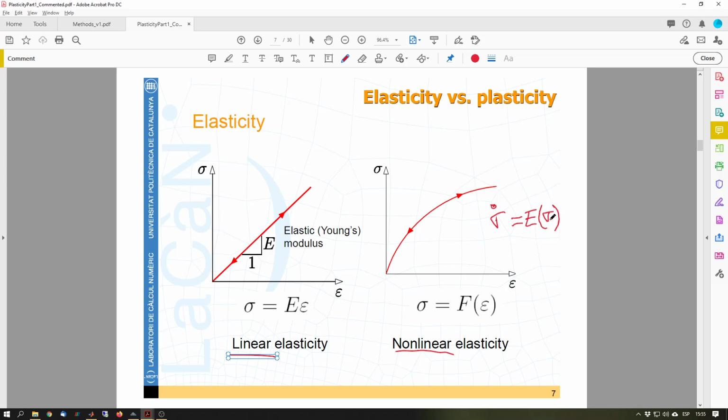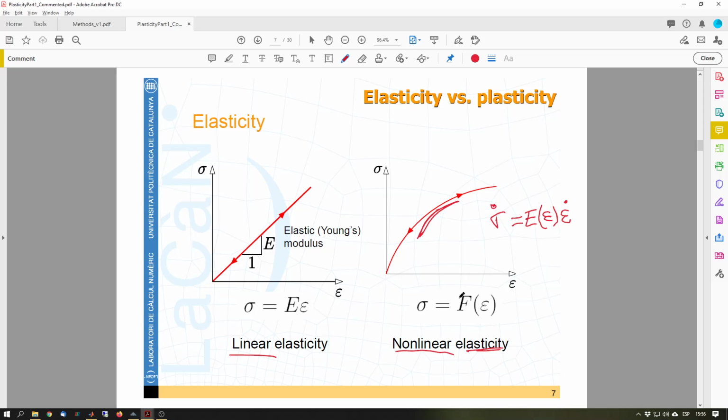Sometimes the formulation is better written in terms of epsilon dot. So this Young modulus is not constant here, but may depend on, for instance, my displacement. But I'm going back, so it's elasticity because we are going through the same curve.